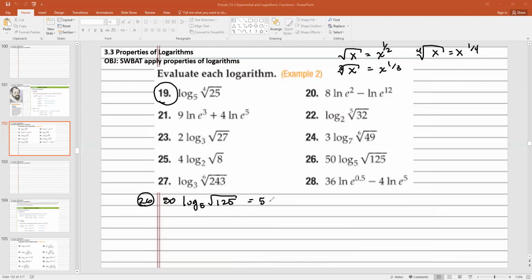So 50 times log base 5 of, and I'm going to write this radical as a 1/2 power. And I'm going to write 125. Now that 125, that radicand, can be changed to 5 cubed.